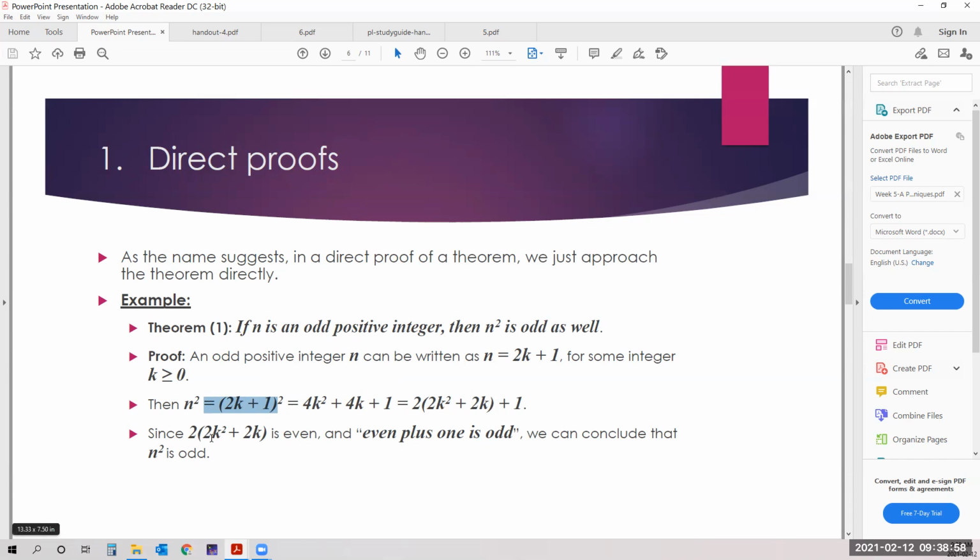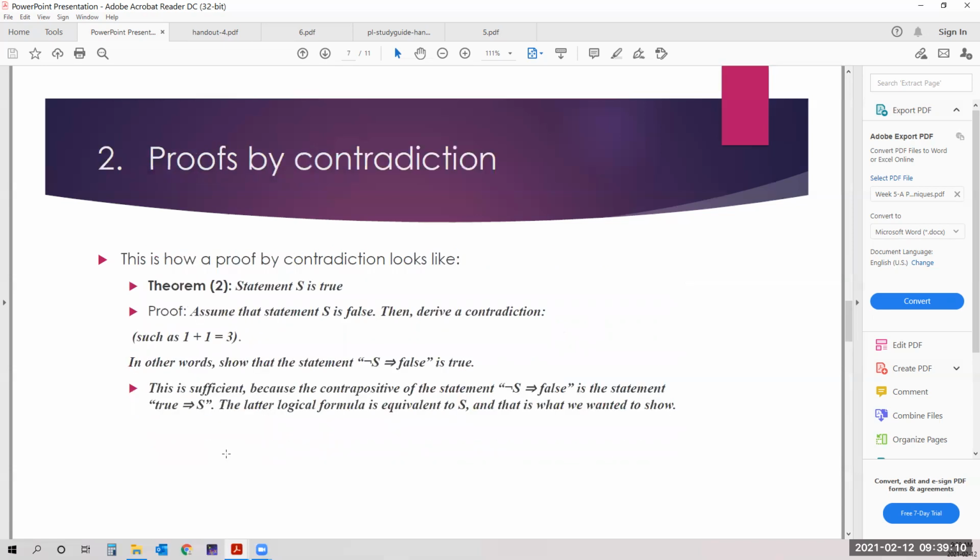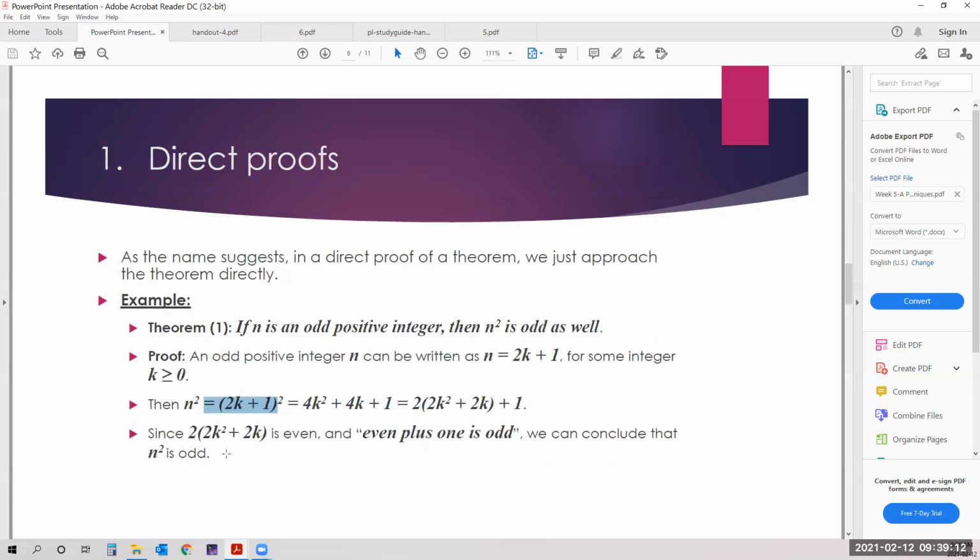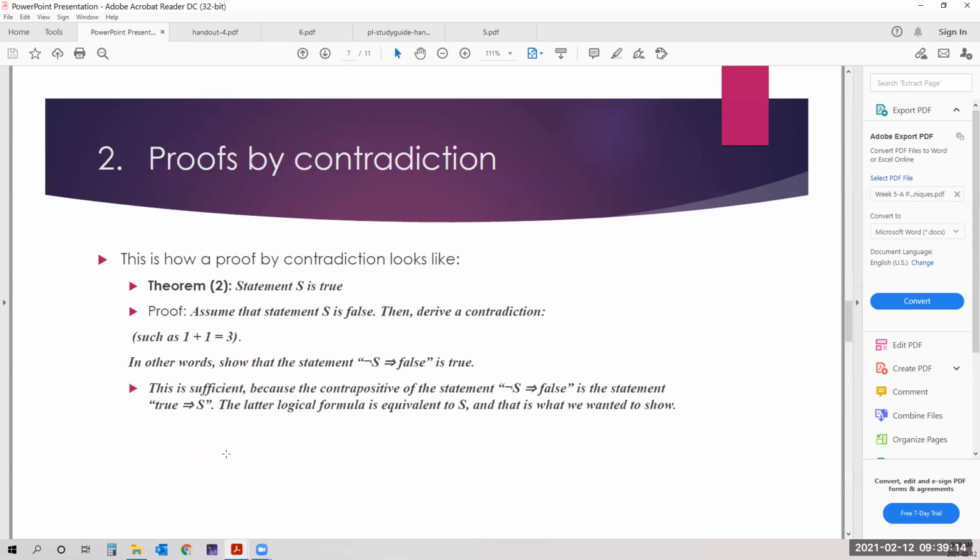Since 2k squared plus 2k is even and even plus 1 is odd, we can conclude that n squared is odd. This is a direct proof. But you see, we put some assumptions.